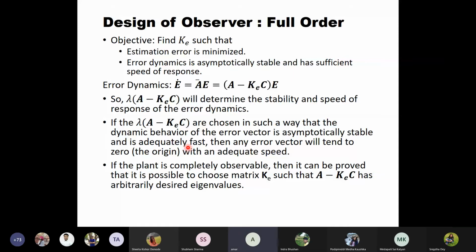And also, if the plant is completely observable, then it can be proved that it is possible to choose matrix Ke such that A minus KeC has arbitrarily desired eigenvalues.